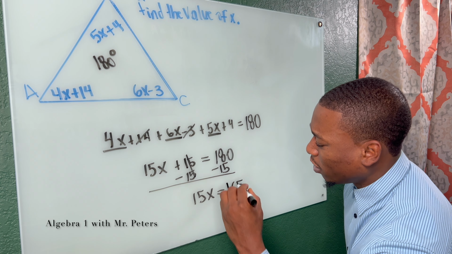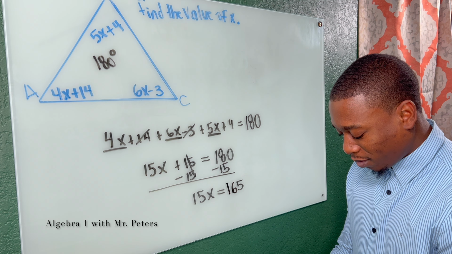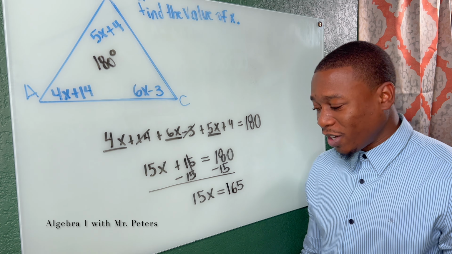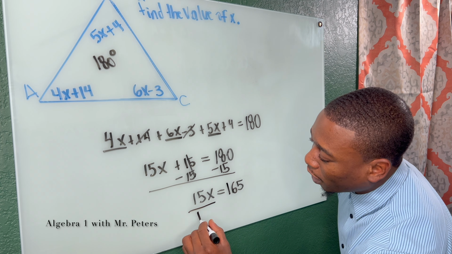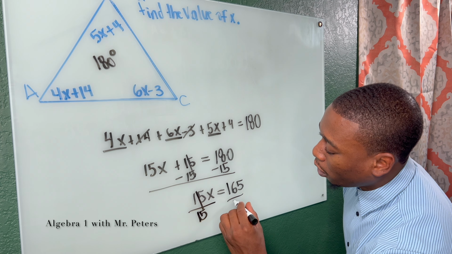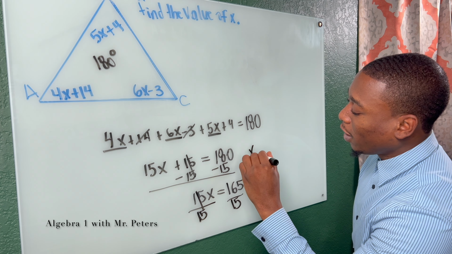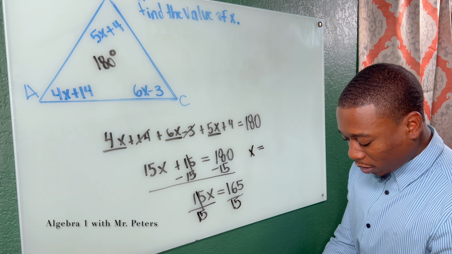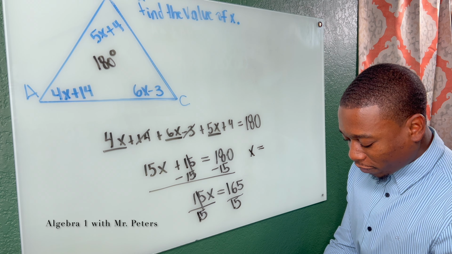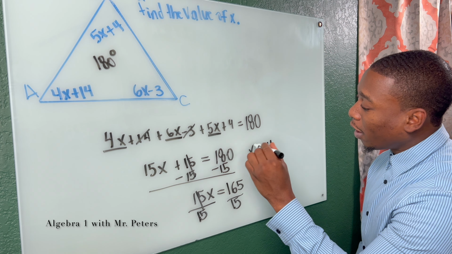Let's double check. All right, just wanted to make sure. So now at this last step, guys, we're going to divide by 15. And what we get is x is equal to 165 divided by 15, which is 11.